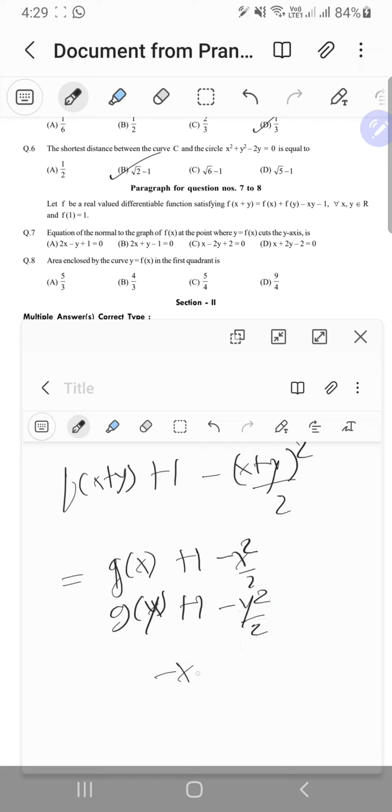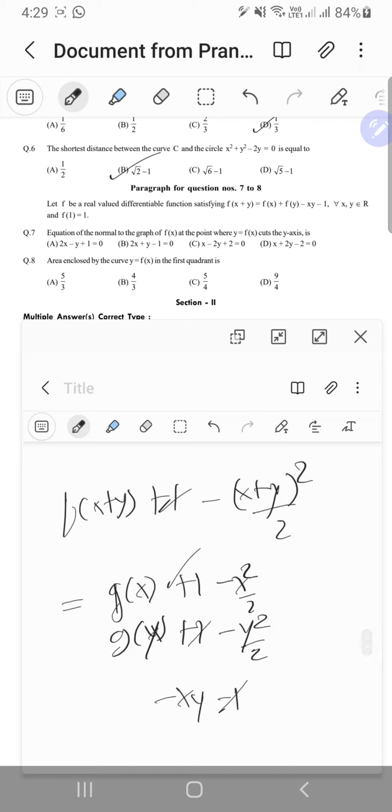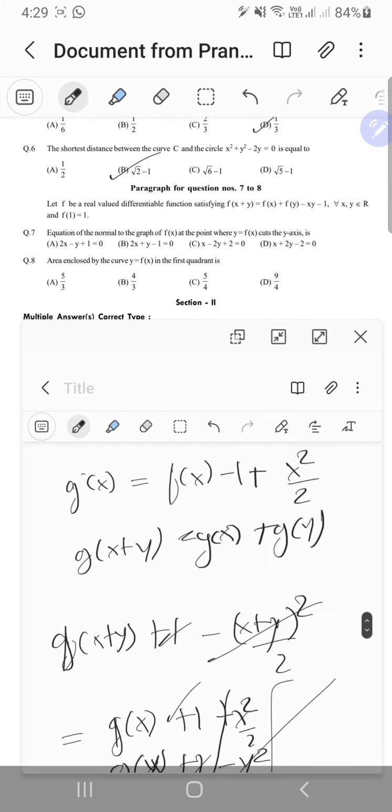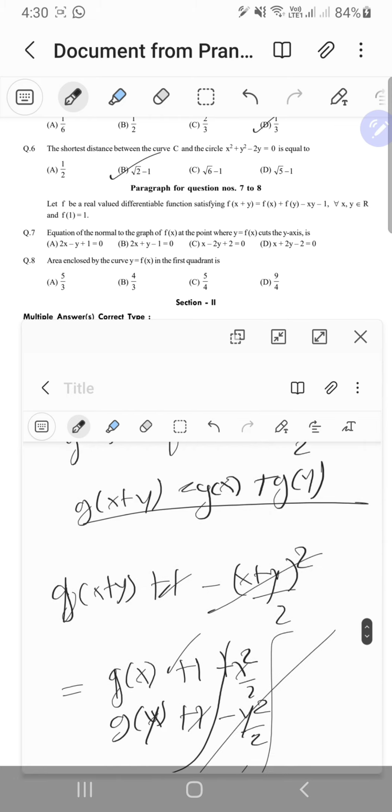Minus xy minus 1, this gets cancelled. This also gets cancelled, and this is definitely true, because this expands to this complete thing. So you have this equation, and that's essentially the Cauchy thing.